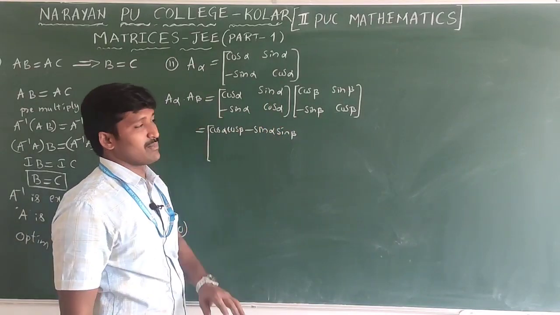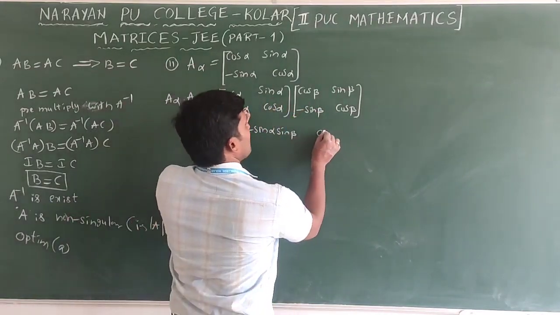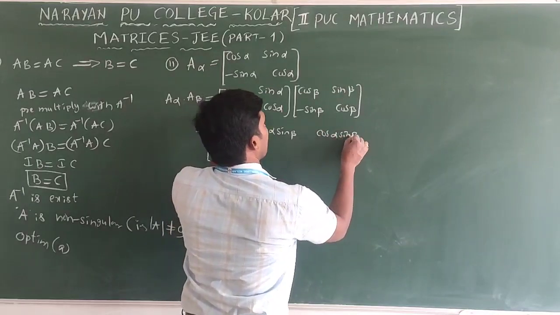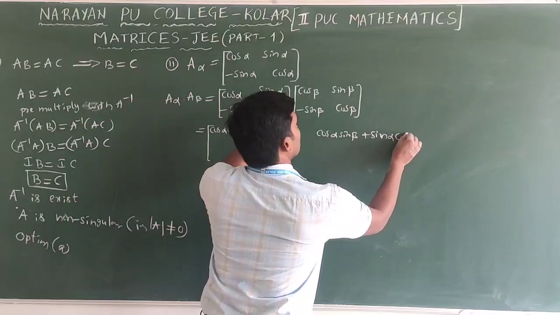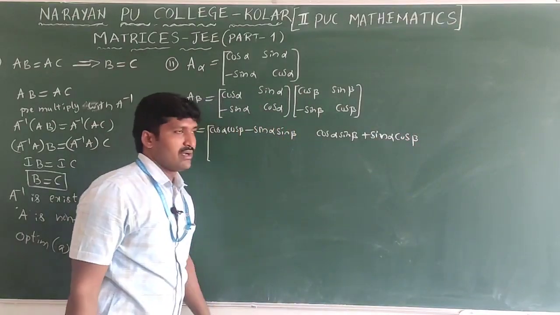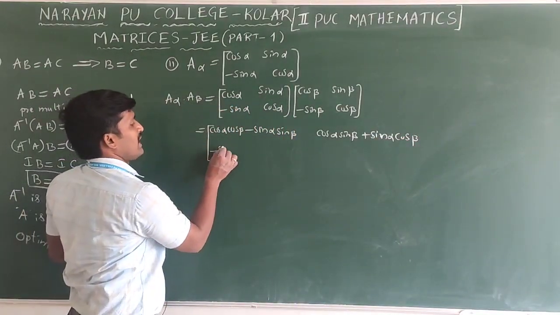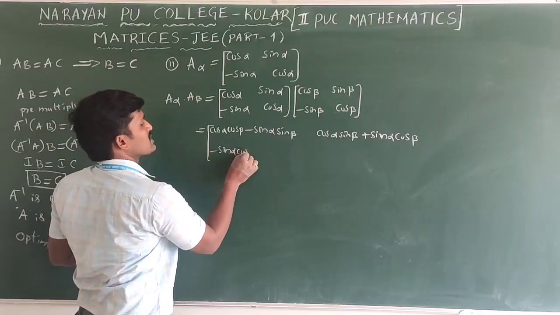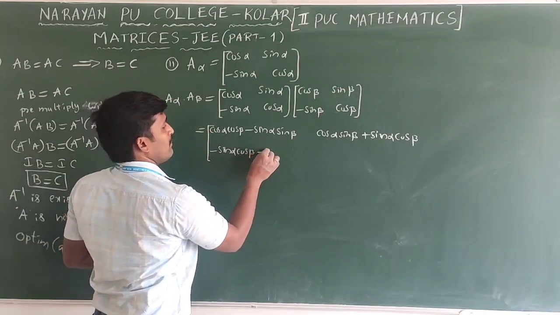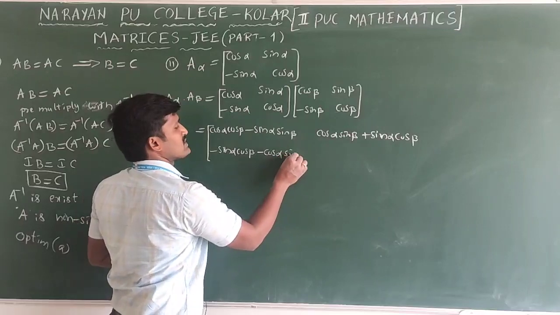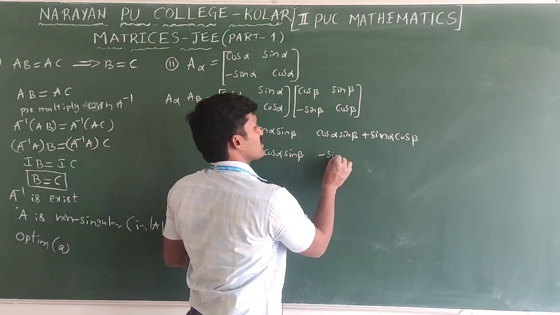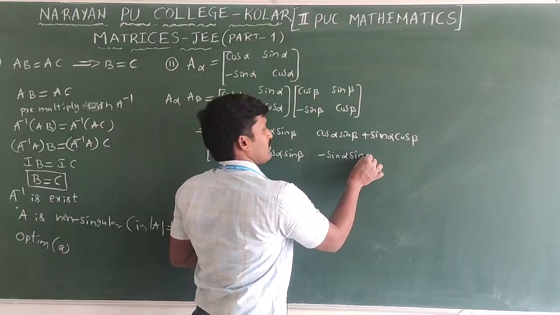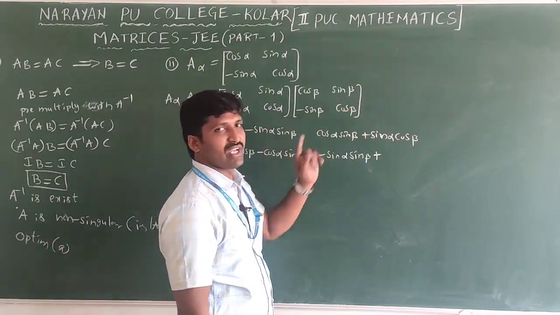Next, first row with second column: cos alpha sin beta plus sin alpha into cos beta. Next, second row with first column: minus sin alpha into cos beta minus cos alpha into sin beta. Next, second row with second column: minus sin alpha into sin beta plus cos alpha into cos beta.